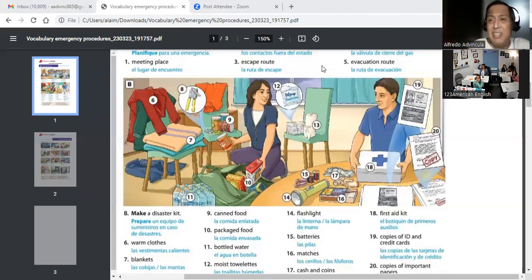You can bring it, but how are you going to open it? That's why you need the can opener. Number 8, the can opener, and number 9, canned food. Okay.